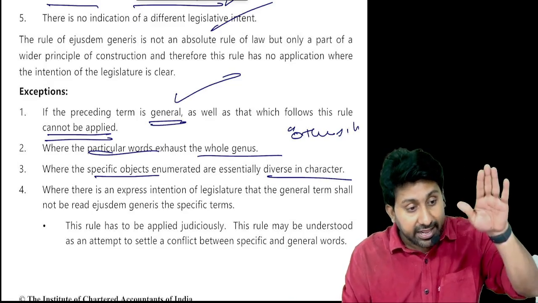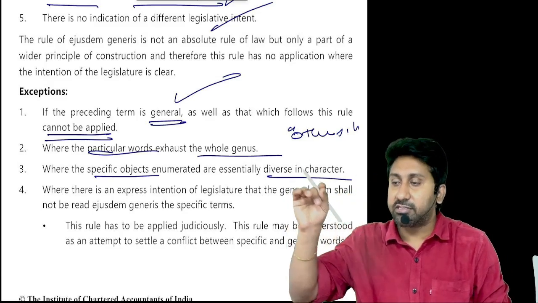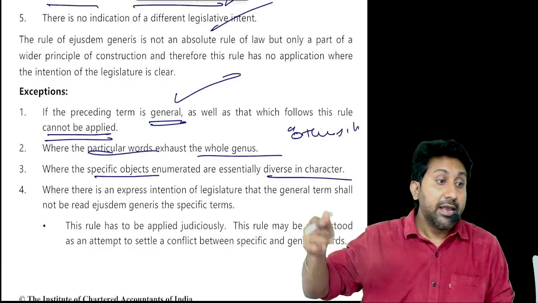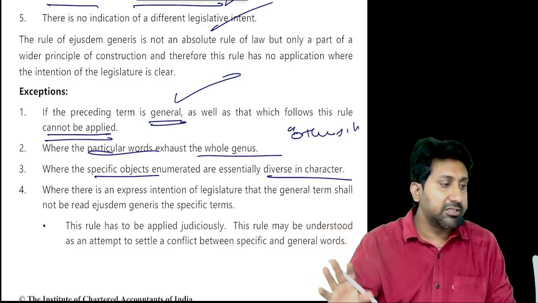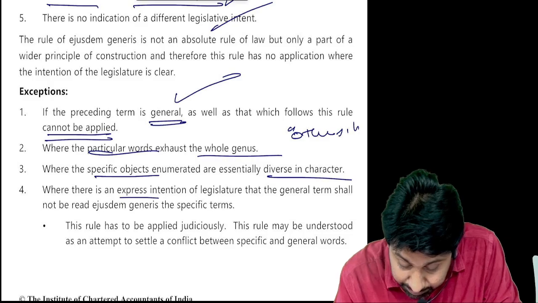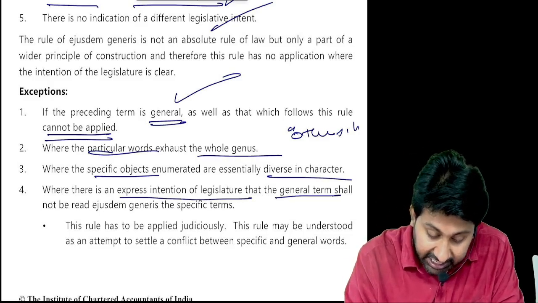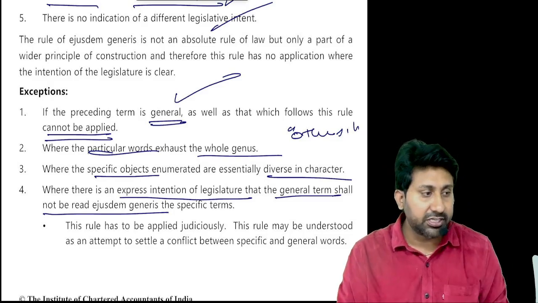But law clearly says in the section explanation, the word others means something. They only said what is the meaning. In that case, law has a different intention for the word others. You should not use this rule where there is express intention of the legislature that general terms should not be read as ejusdem generis. In that case, you should not use the ejusdem generis.